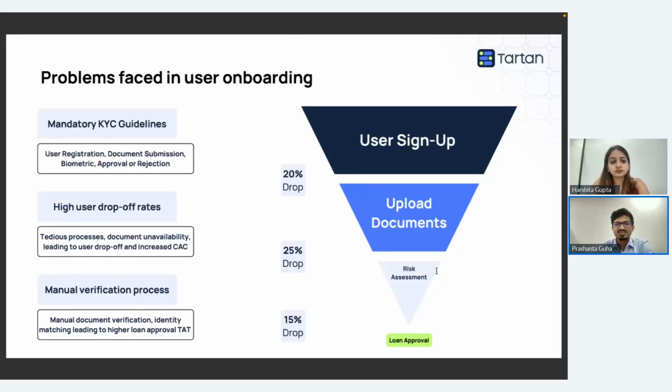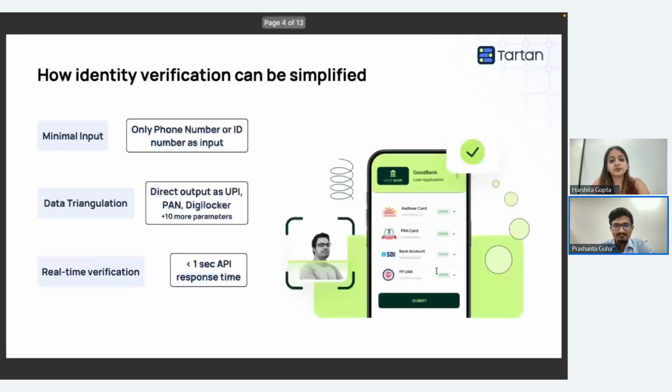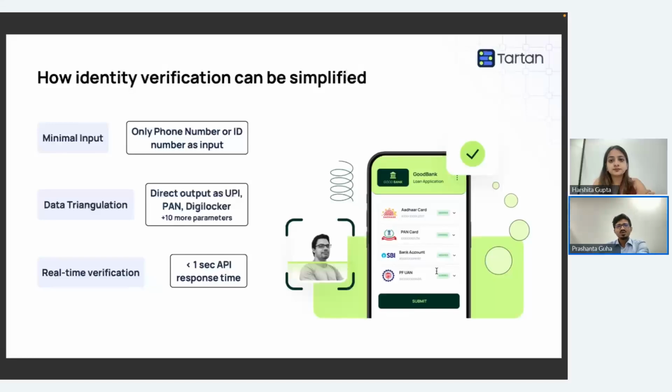So let's move to the next slide. At the top of the funnel, when you ask users to enter a lot of detail, looking at the number of fields, a lot of people do get intimidated. They just drop off at that point. What can generally help in these cases is pre-filling a lot of data. You can ask the user to fill just the phone number and get all the related information from different sources, say from EPFO or from the tax authorities.